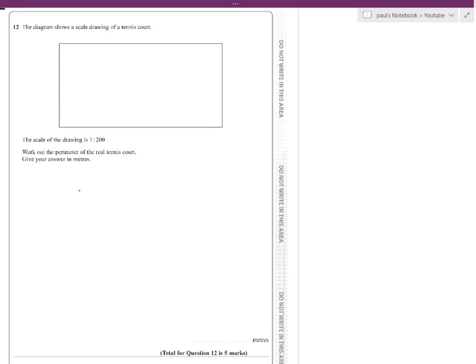Yeah. Not sure whether this is A4, but I'm going to measure on the screen, get my little ruler out. For the perimeter, I'm going to say that's 6, and that is 11.5. Doesn't matter whether these numbers are right or not.